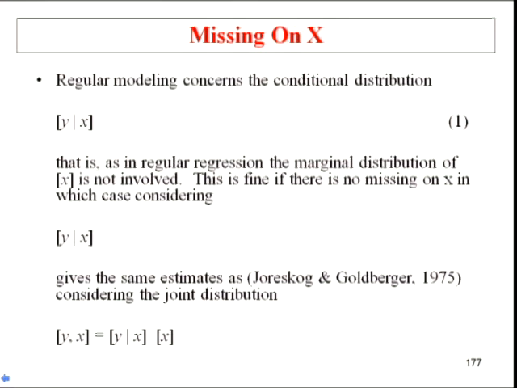And that's fine if there's no missing on X, in which case considering the conditional distribution gives the same estimates as considering the joint distribution. And that's why structural equation modeling programs typically work with a joint distribution, even to the point of estimating parameters for X, which is not necessary.